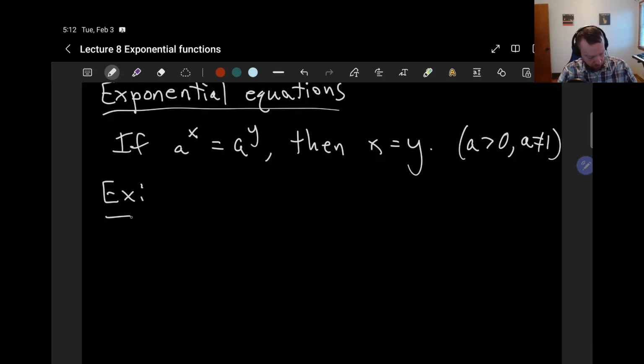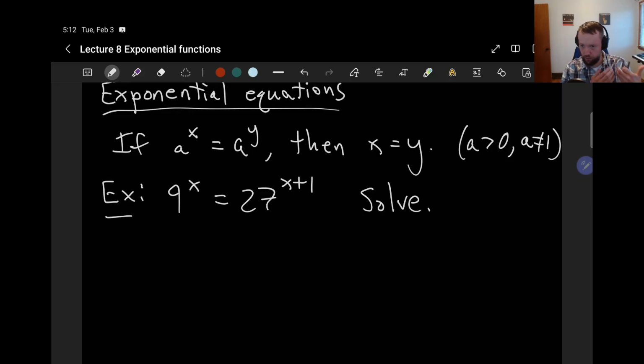Let's look at a couple of examples. And we want to solve, which means we find the number x which makes this work, or perhaps there could be more than one. The trick is to get a common base.